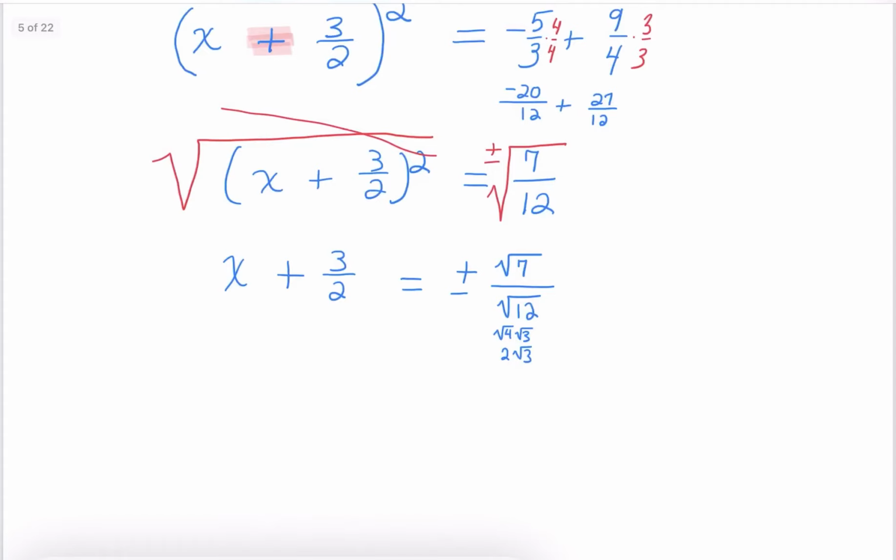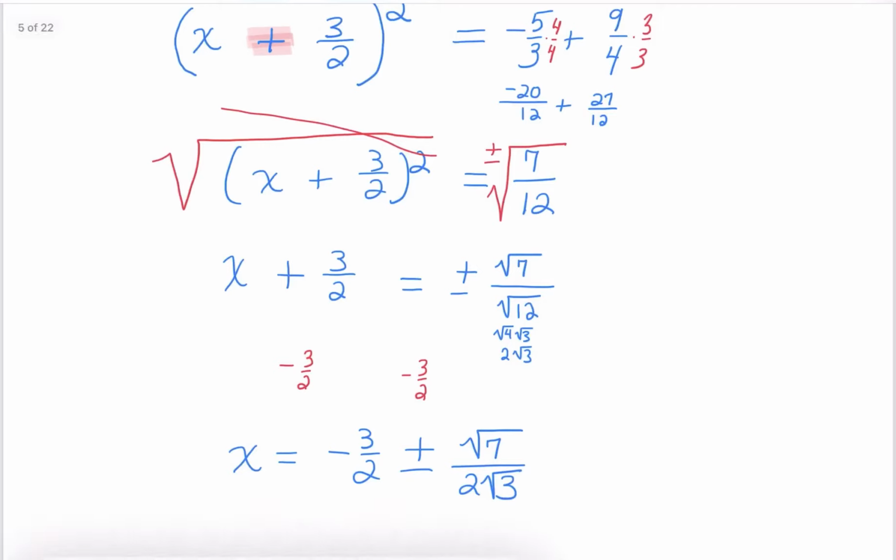Now, the other thing we're going to have to do is subtract my 3/2 over to the right-hand side. So my solution is going to be x equals negative 3/2, plus and minus, and at this point I have it as the square root of 7 over 2 square root of 3.